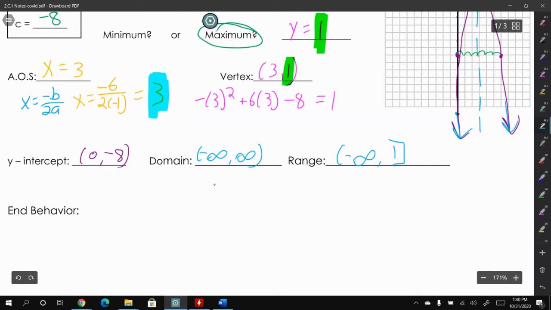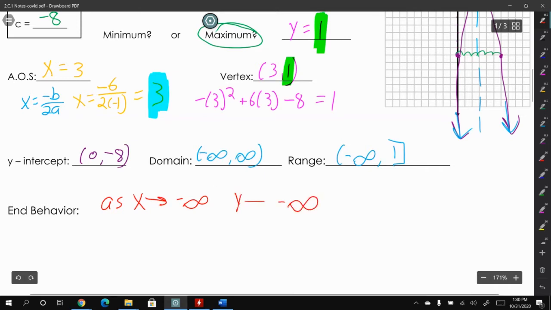And then for end behavior, as x approaches -infinity, that means the left side, y approaches -infinity as well. And the right side is also going down.